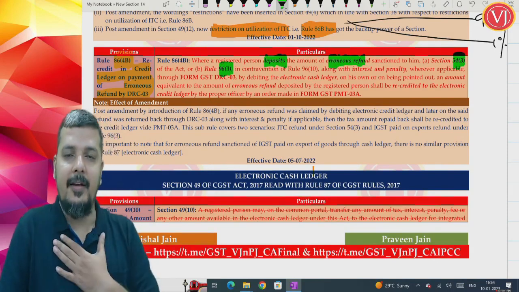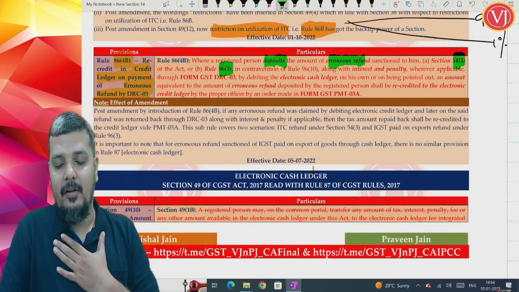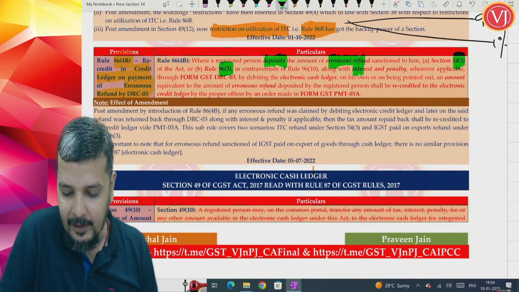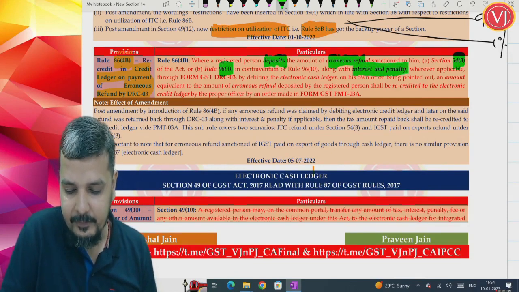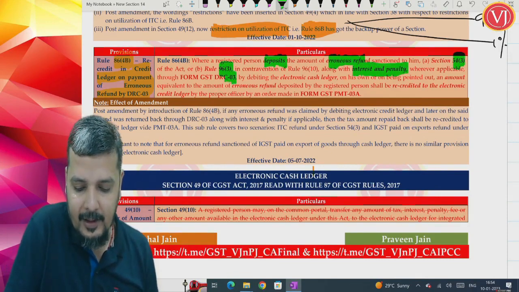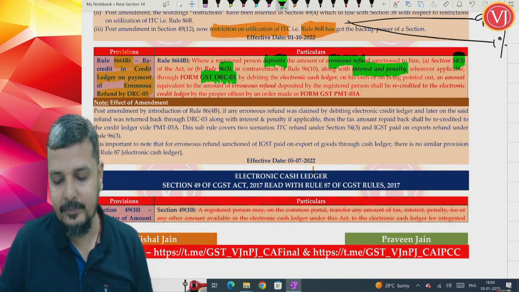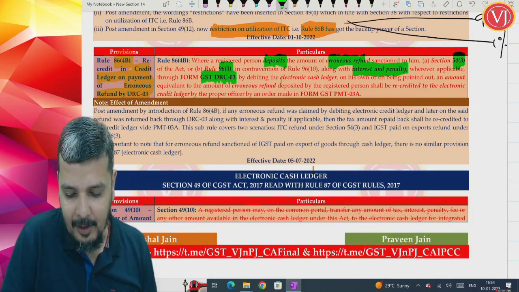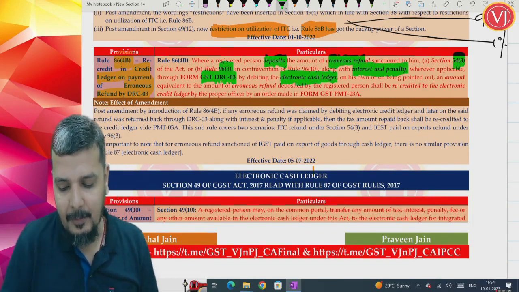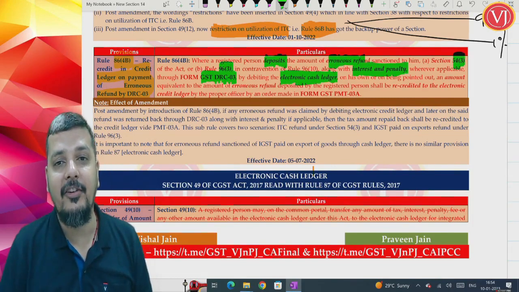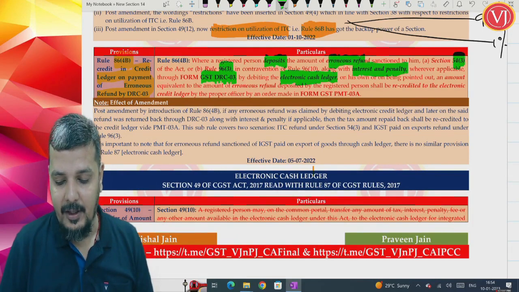You got a refund but it is erroneous and you are paying that again with interest and penalty by way of DRC 03 challan. And that payment is by way of your electronic cash ledger, right?